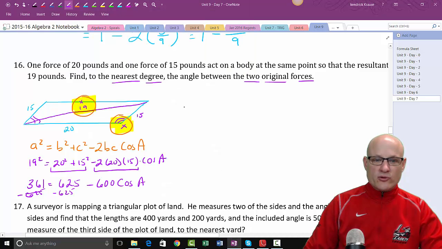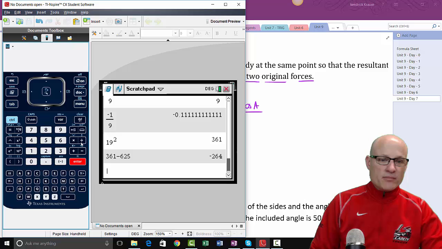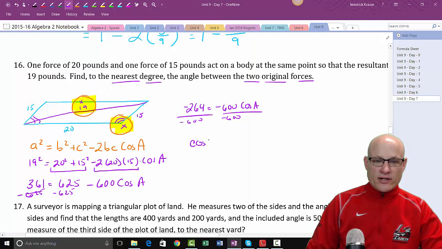Negative 264. So I get negative 264 equals negative 600 cosine A, divided by negative 600 and divided by negative 600. 11 over 25. Now write that down. Cosine of A is equal to 11 over 25.